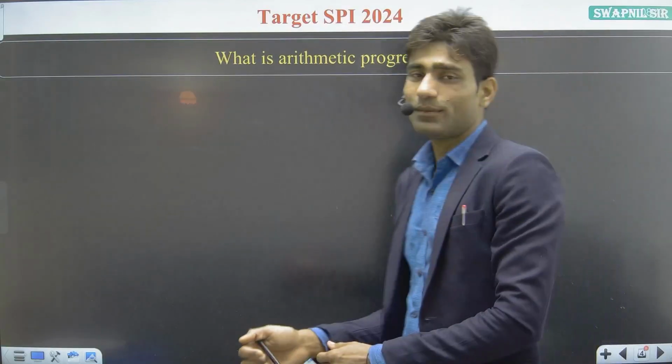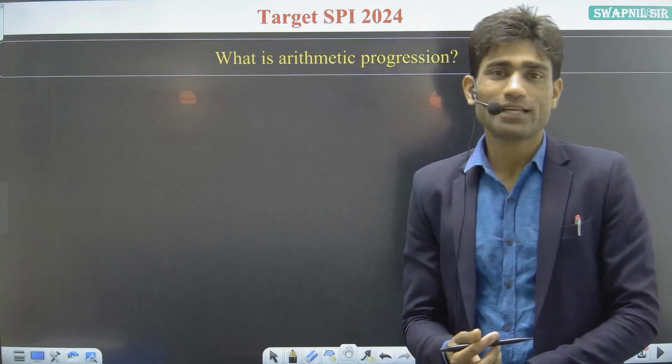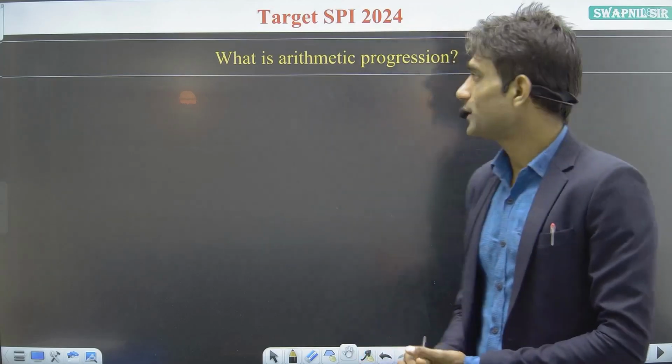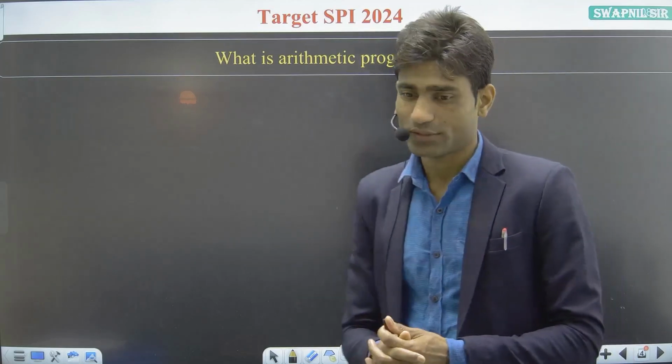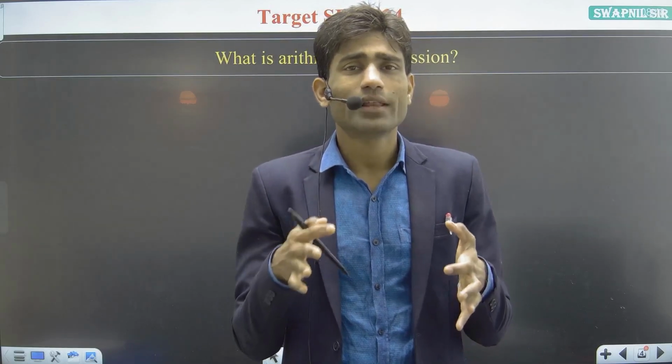In my first point, what is the meaning of arithmetic progression? What do we actually mean by arithmetic progression? If we have a sequence or any series written in some random form, like 1 2 3 4, we can consider this also a sequence.